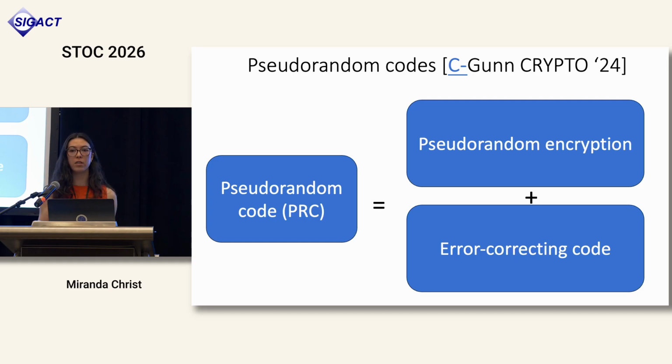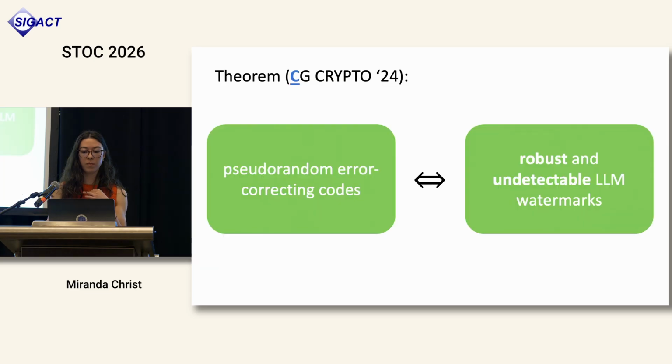And so if you replace your seeds with these pseudorandom code words, then since they look uniform to any efficient algorithm, the distribution of content that you end up with is computationally indistinguishable from the original model's content. And so applying pseudorandom codes with this unbiased seed correlated sampler, you immediately get robust and undetectable watermarks for LLMs.